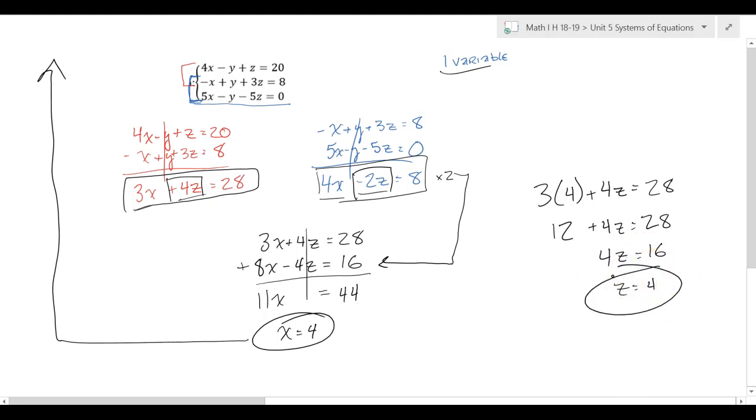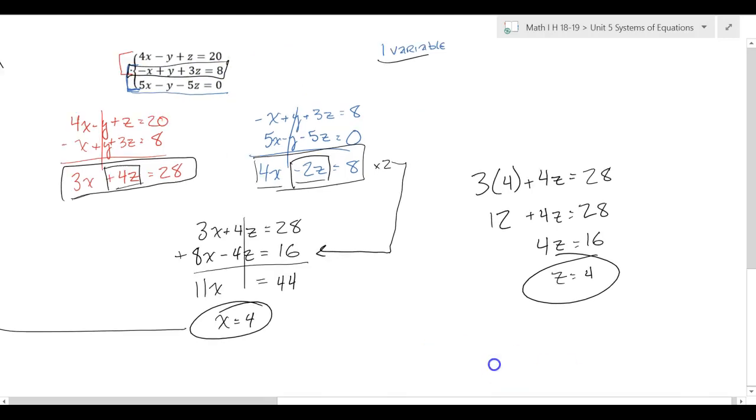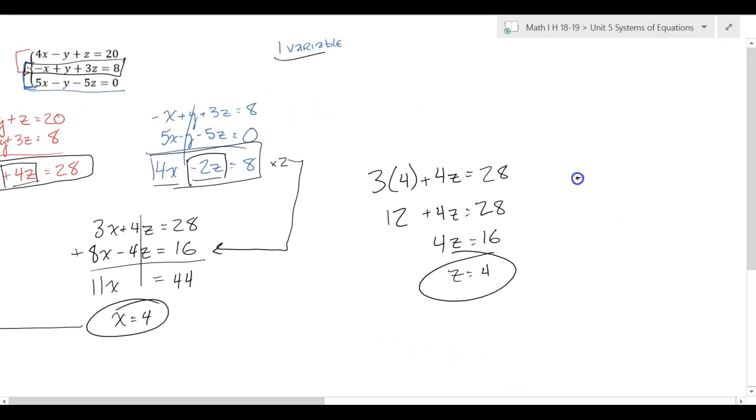Now I have 2 variables and I come back up to the top. This one looks the easiest. I could use any of the 3, but that one seems the simplest. So I'm going to say, great, negative 4, because that's x, plus y, plus 3 times z, which in this case, I'm sorry, is 4, equals 8.